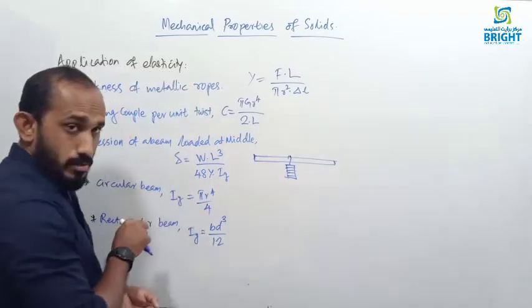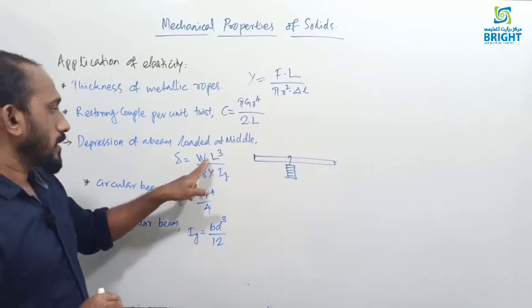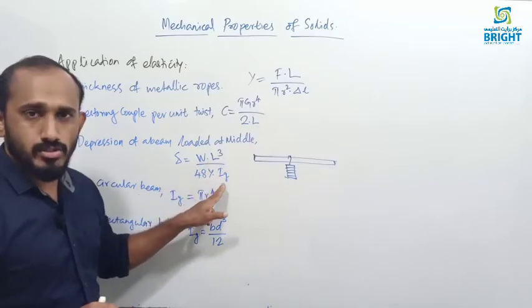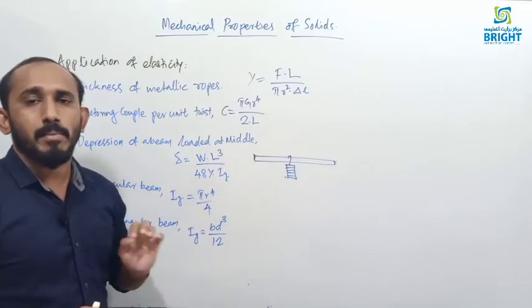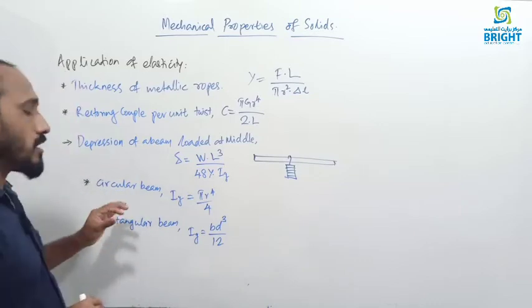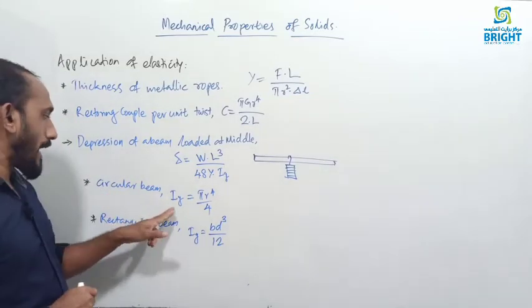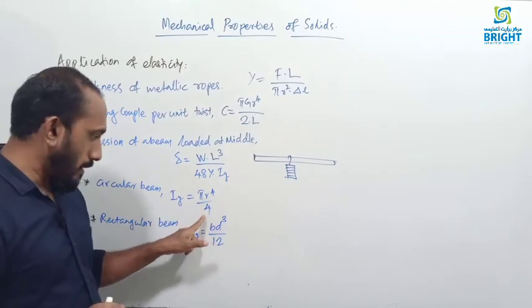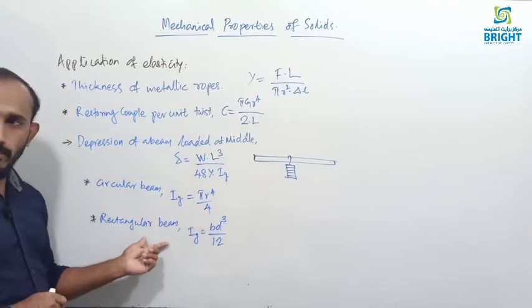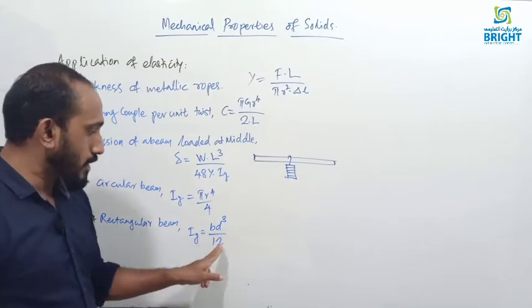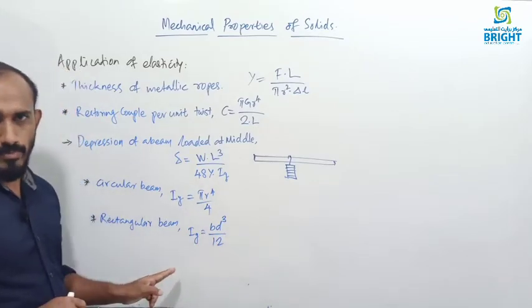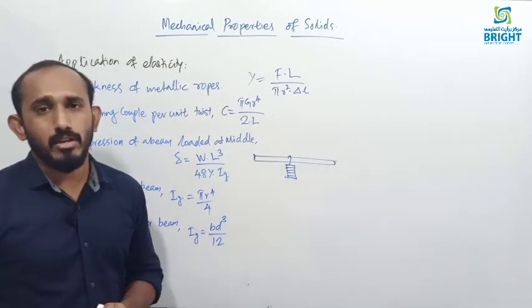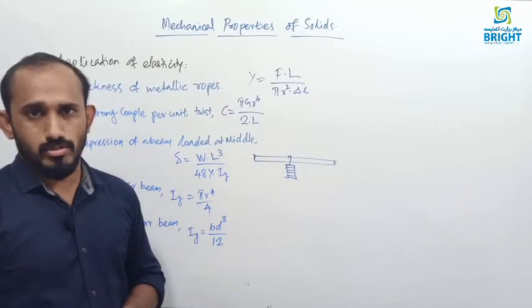The depression produced is equal to WL cube by 48 Y IG, where IG is the moment of inertia of the beam cross-section. IG for a circular beam will be equal to pi r power 4 by 4. And for a rectangular beam, IG is equal to B d cube by 12. These equations you can also make use of while doing the application level questions.